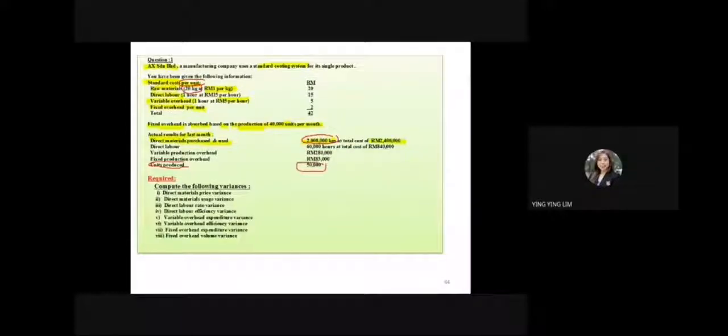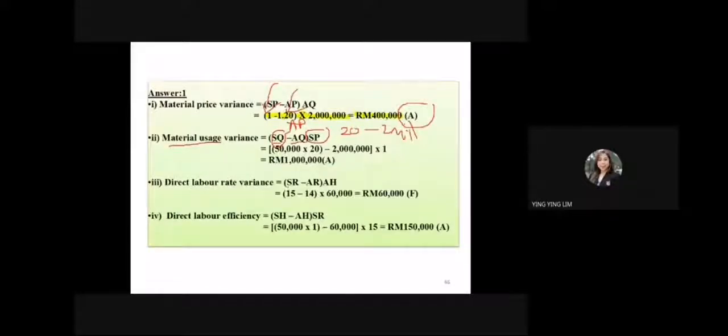So therefore, the 20 kilo for 1 unit, I need to compare apples with apples. So 20 kilo, I need to multiply with my actual production, which is 50,000. So 20 multiplied with 50,000, right? This is my standard part, and then I minus 2 million, and the whole thing I multiply with the standard price for the material, which is 1 ringgit per kilo.